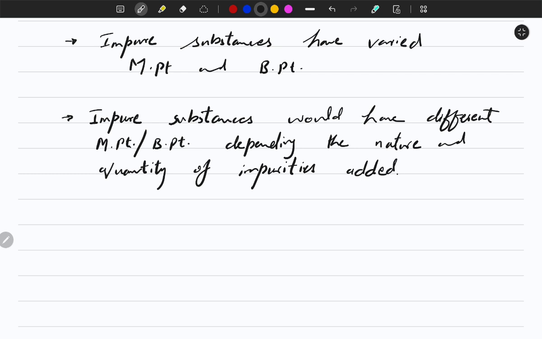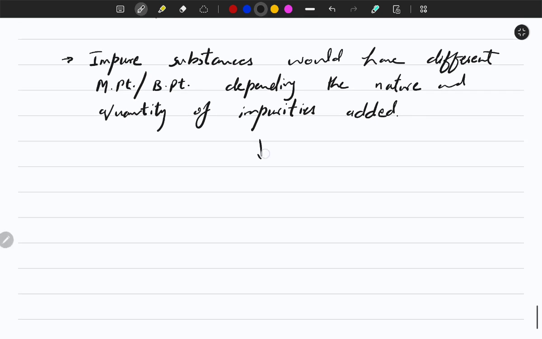Okay, what type of impurities are there and how much is the quantity of those impurities, right? And that would determine the forces of attraction. So if forces change, melting point and boiling point changes.